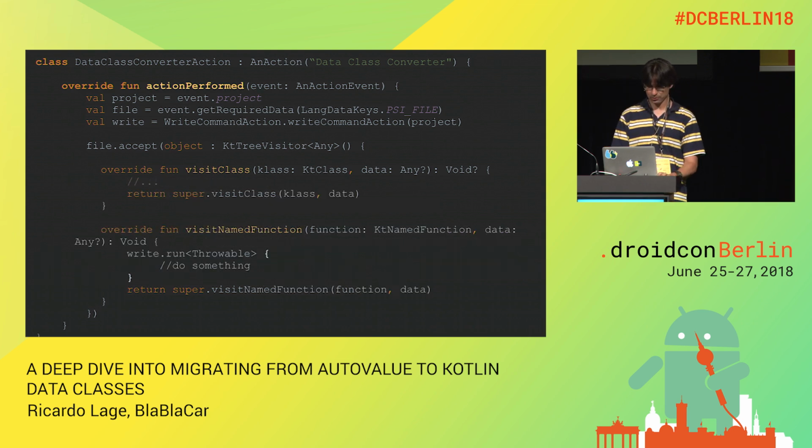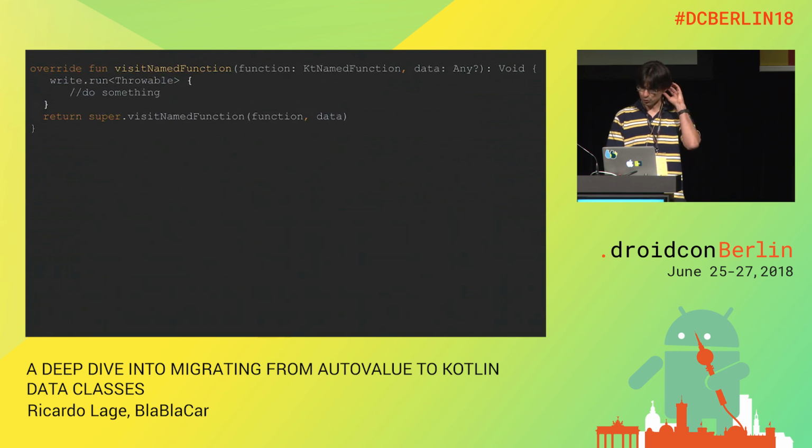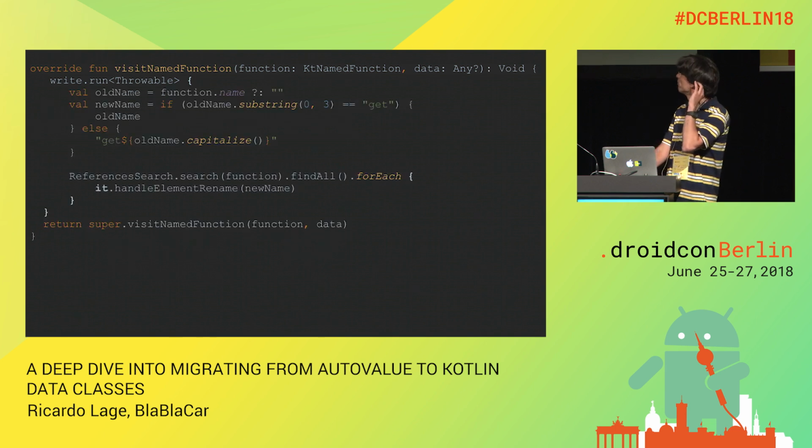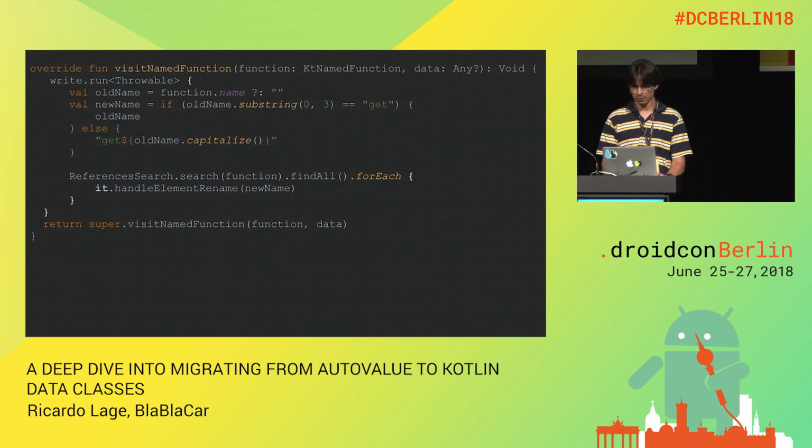Next, we have the visit name function callback, where we can also run commands to then change the names of our methods. We want to change the names of our methods.